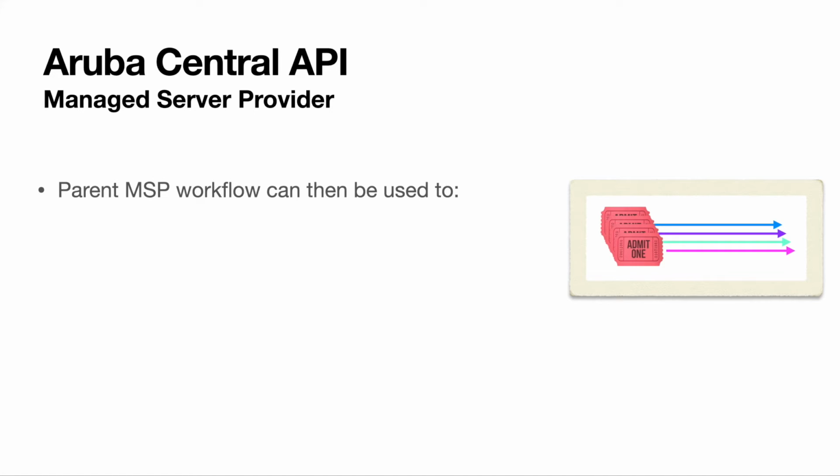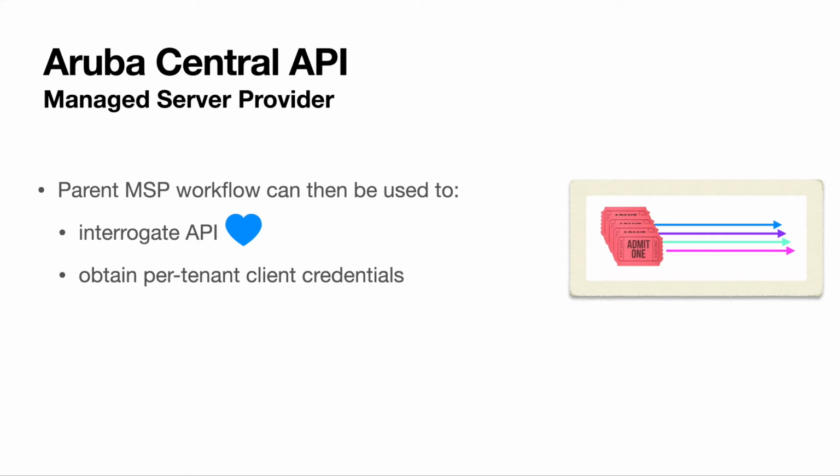But then the parent MSP workflow can be used to interrogate the API, and this is the new stuff. Via the API, we can get per tenant client credentials, and with those client credentials, we can initialize per tenant workflows. So we can roll from one MSP level workflow into a tenant workflow.